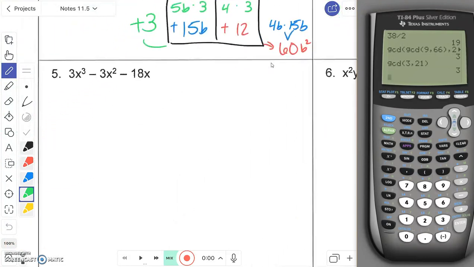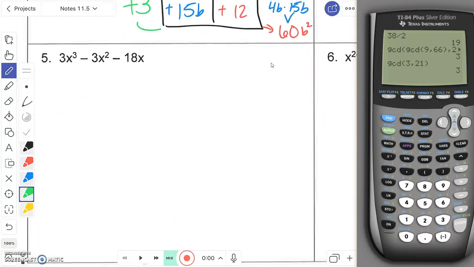Number 5 has us where we're going to need our greatest common factor first. So I'm looking to see what's the same between these, so I can use my calculator again, but look here, we already got a 3 and a 3, so I really only have 2 numbers here. So I'm going to use that greatest common factor and see the greatest common factor between 3 and 18, which gives me 3.